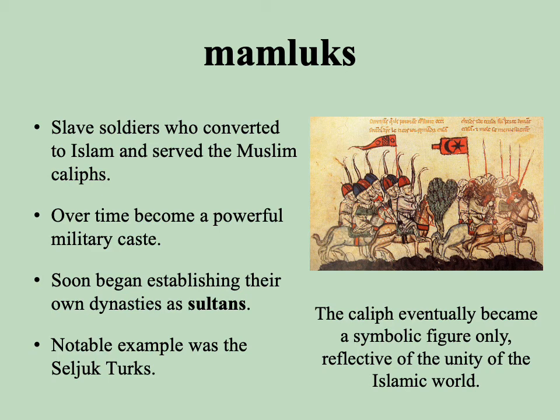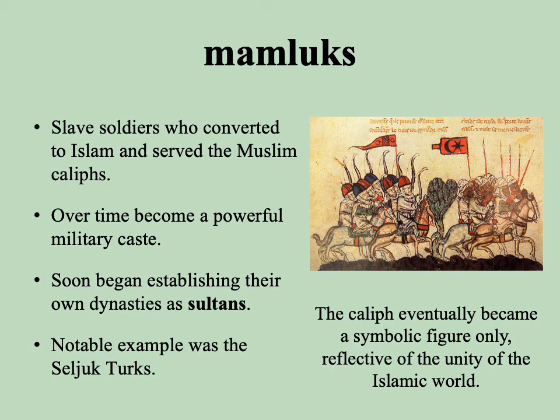Very quickly, it's not entirely clear who is more in control of who. To some degree, in theory, they're supposed to obey the caliph, but on the other hand, the caliph is increasingly under pressure to make sure that they are satisfied with whatever decisions he might make.